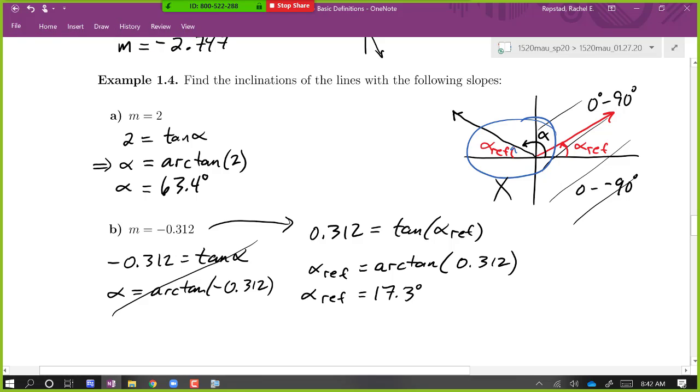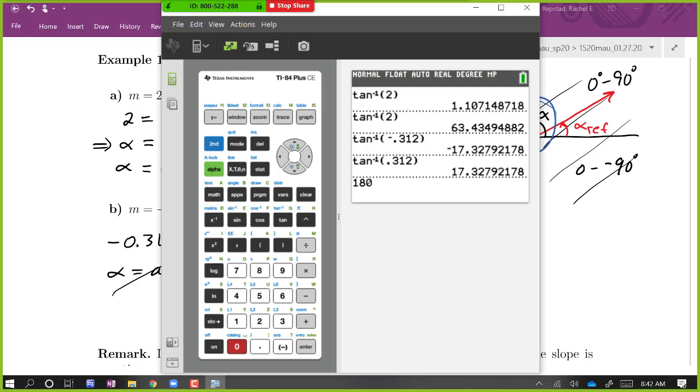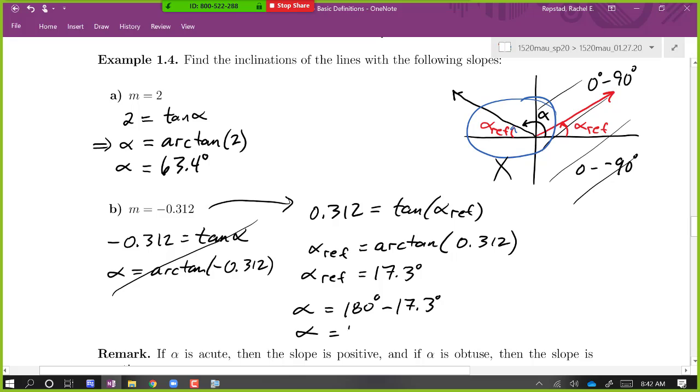So the angle we want in the second quadrant is 180 minus 17.3 degrees, and that's 162.7. Now that jives. We have a line with a negative slope, so its inclination should be between 90 and 180.